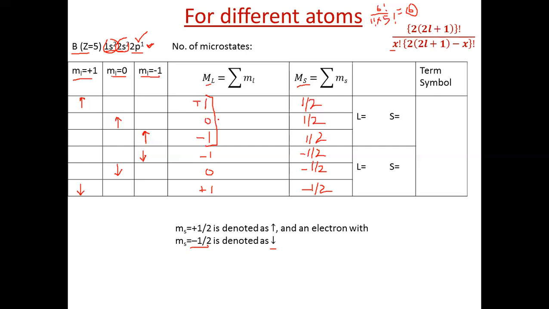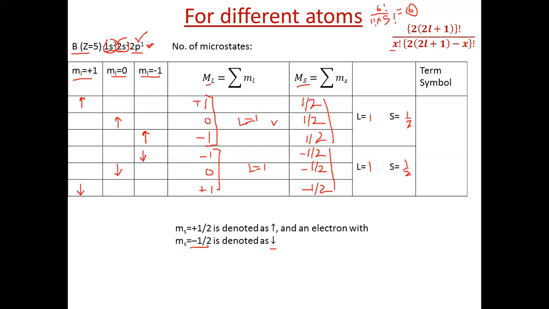These values of ml give you L equal to 1, because if L is 1, ml is plus 1, can be 0, can be minus 1. Similarly, this value gives L equal to 1. So L has one value, 1. Now S is either plus half or minus half. This corresponds to S equal to half.